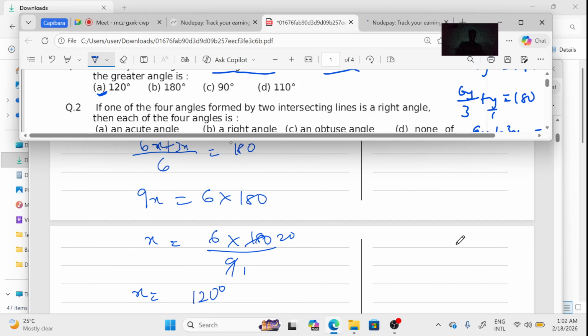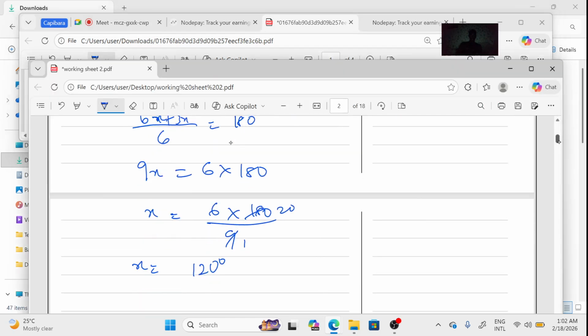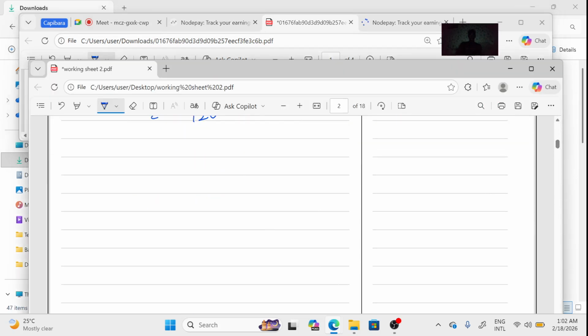In question 2, there are two lines intercepted, and one of the angles formed is 90 degrees. So by vertically opposite angles, this side is also going to be 90.